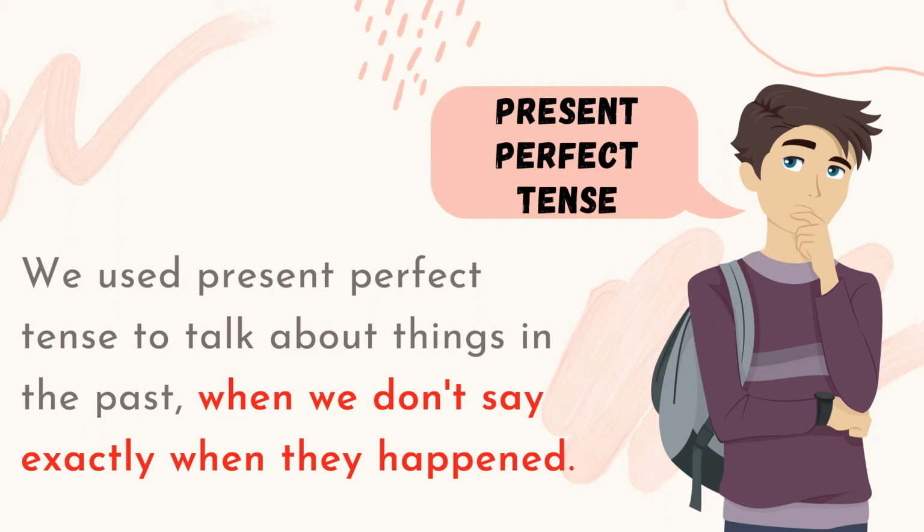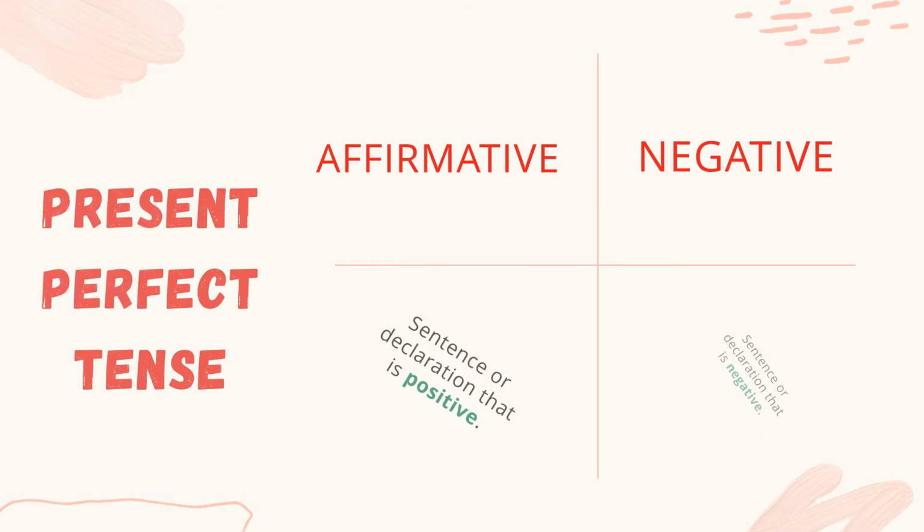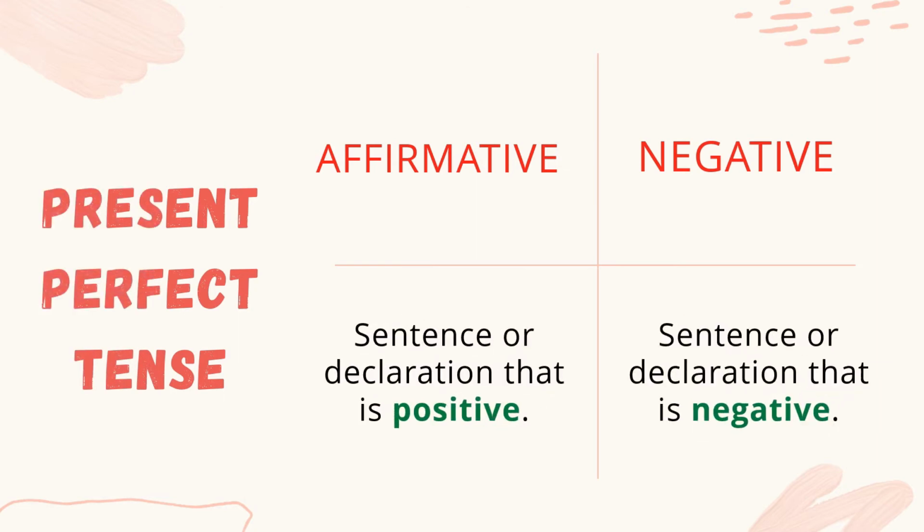In present perfect tense, we also have affirmative and negative. So, what are these two? We will look into it after this. Affirmative is sentence or declaration that is positive, ayat positive, while negative is sentence or declaration that is negative, ayat yang negative.